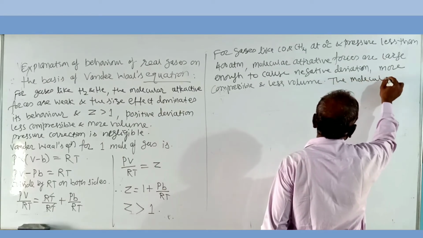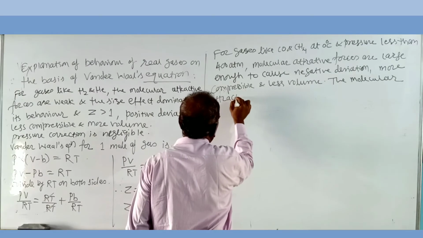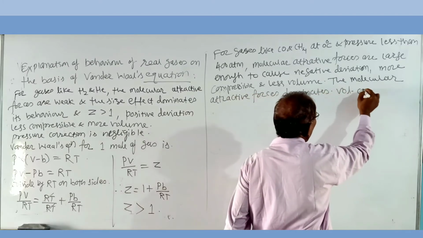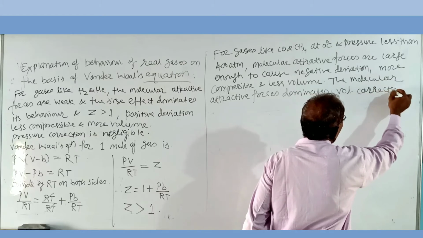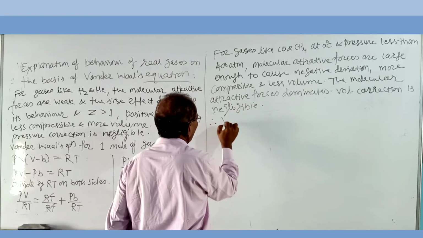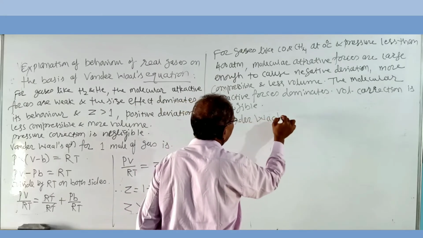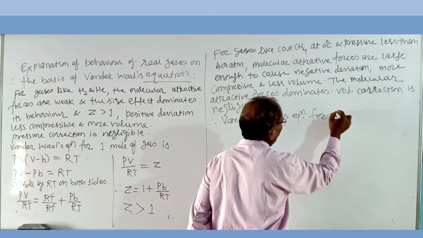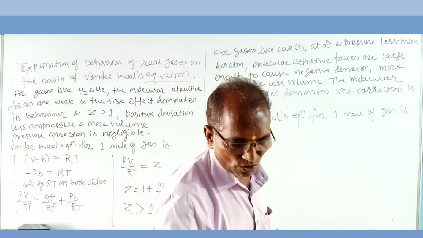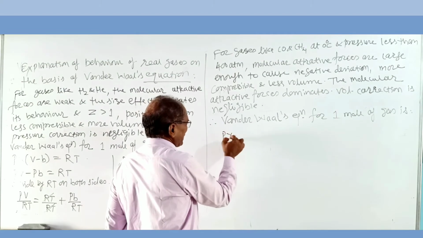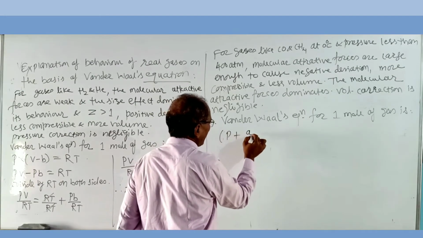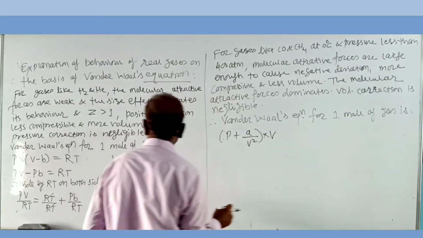Volume correction is negligible. Therefore, van der Waals equation for 1 mole of gas is P plus a upon V square into V, right?